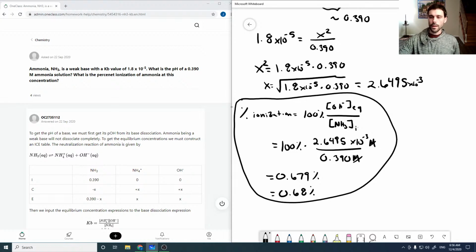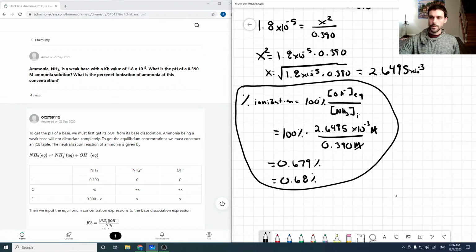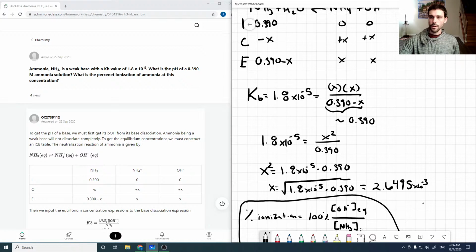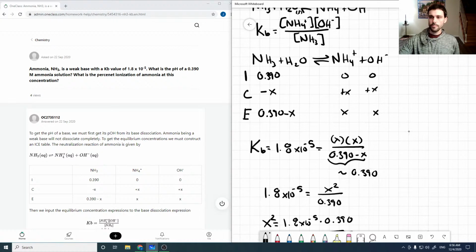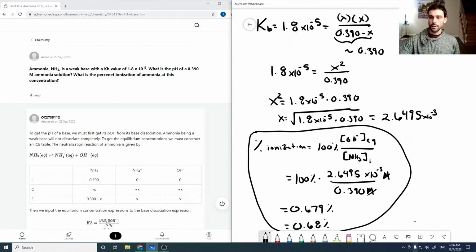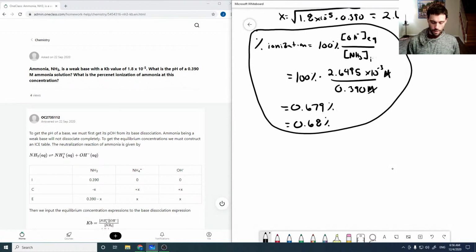Okay, and now our pH. So X is our OH minus concentration. Okay, so our OH minus concentration is 2.6495 times 10 to the minus 3 molar. So we can solve this a couple ways.